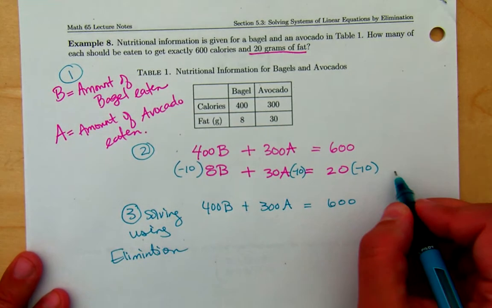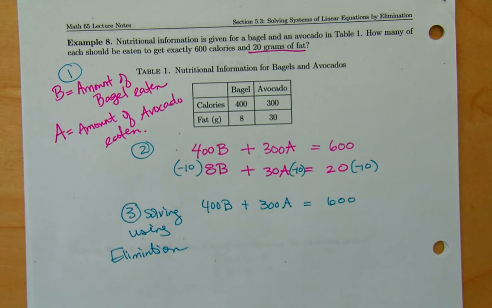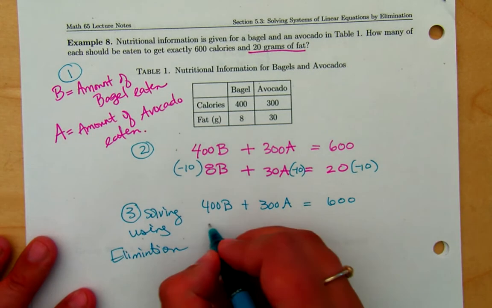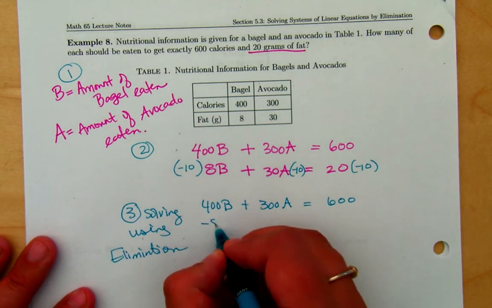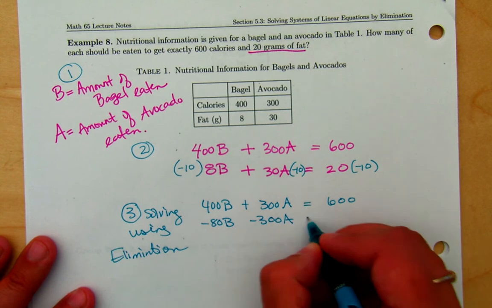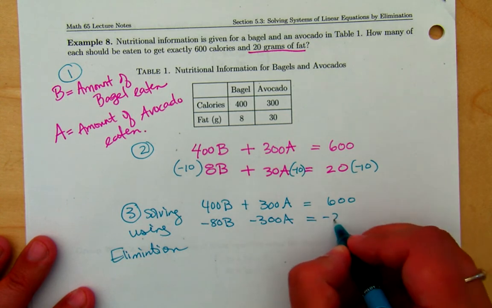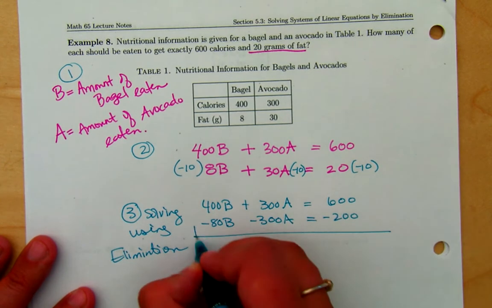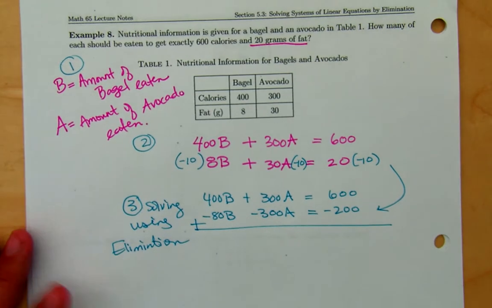And then if I multiply, can anyone tell me what the bottom equation is going to be? Negative 80b minus 300a equals negative 200. Does everybody see where we got those from multiplying by negative 10?